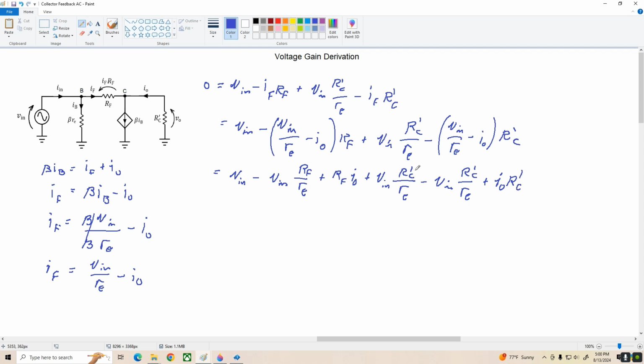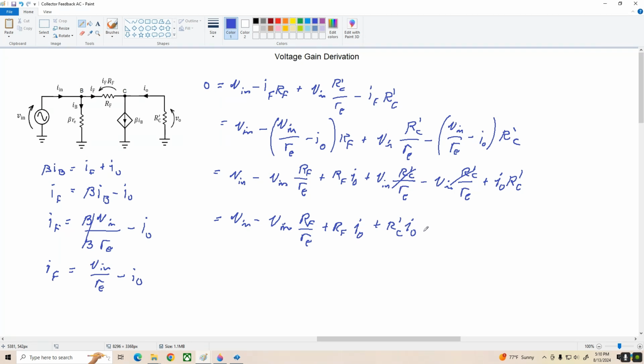And notice these two terms are going to cancel out, and that leaves us Vn minus Vn times Rf over little re plus Rf times I sub O plus R prime c times I sub O.